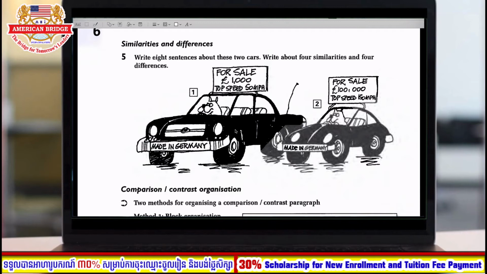On the picture right here, you need to write 8 sentences about two cars. Okay, so write about 4 similarities and 4 differences. By doing so, you are already writing the comparison and contrast paragraph. When you write about two things that are similar, it is the comparison. When you write about two things that are different, it is the contrast paragraph.